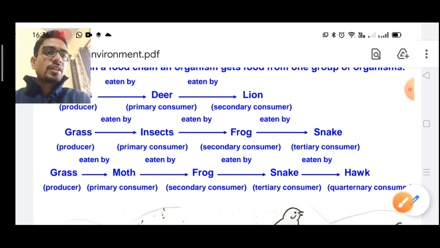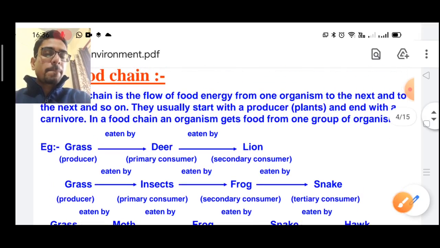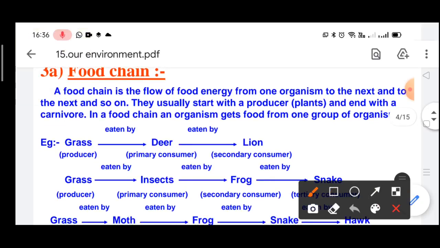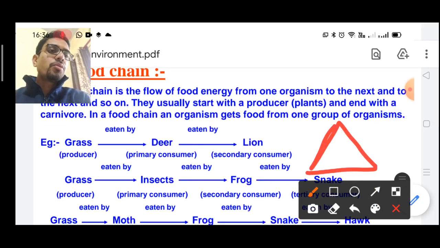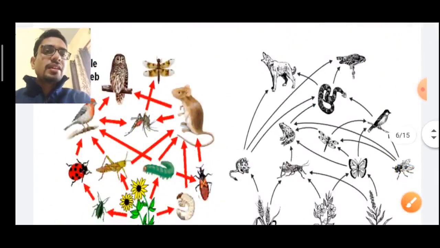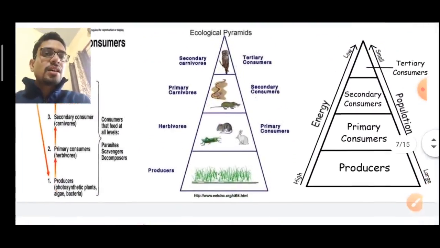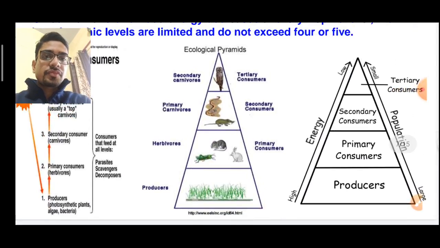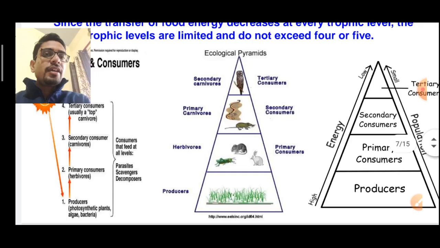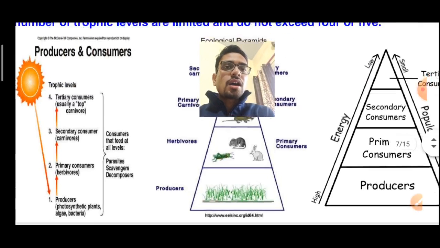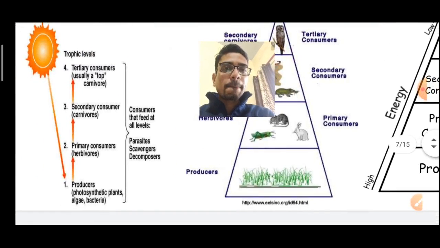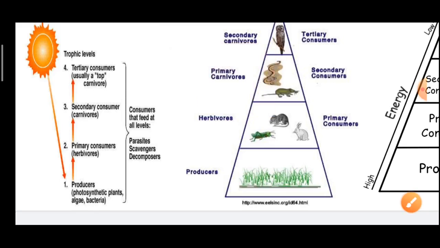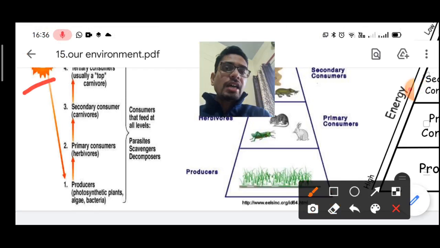Very easy. So a food chain is generally represented by a triangle. Why? How? You can see here this is a food chain, or flow of energy. So in our ecosystem, how does the flow of energy take place? Energy begins from sunlight, because with the help of solar energy plants carry out photosynthesis.